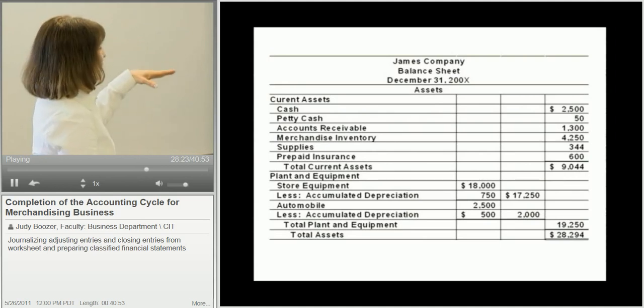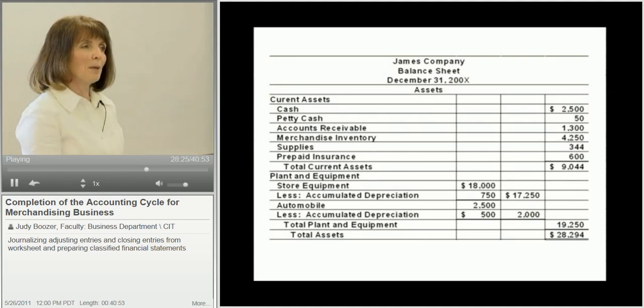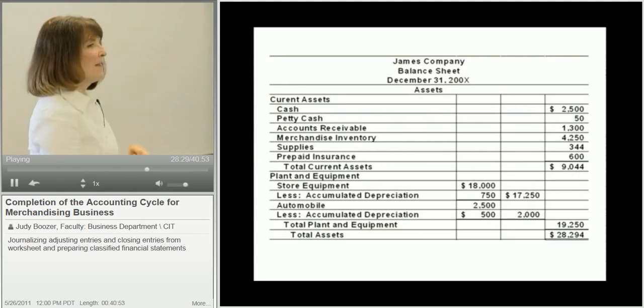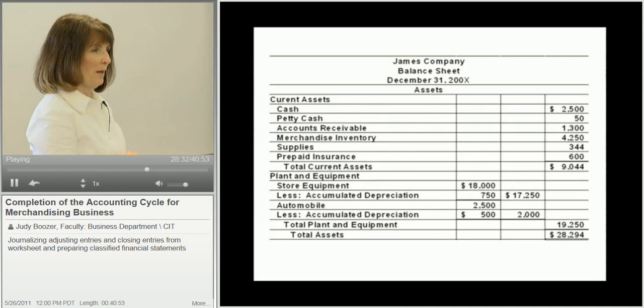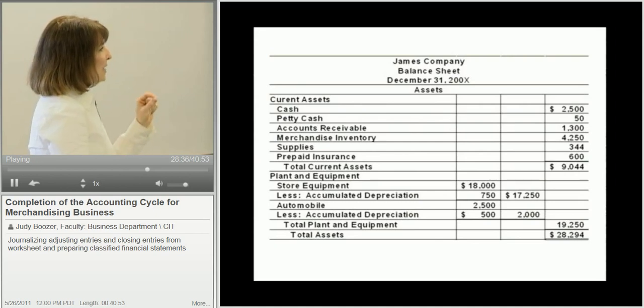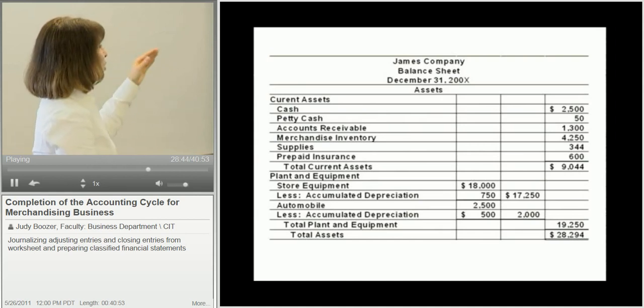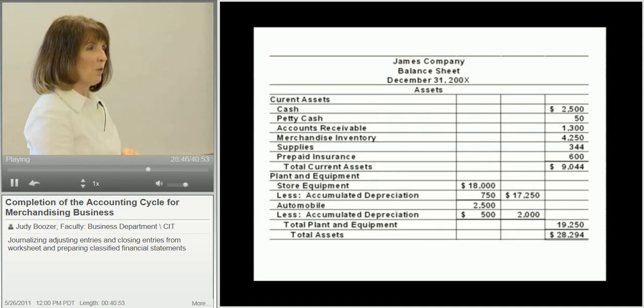To that, we're going to list the long-term or property, plant, and equipment. And notice what's in there for store equipment. Remember what that is? Accumulated depreciation? It's a contra account. Does it impact that asset?